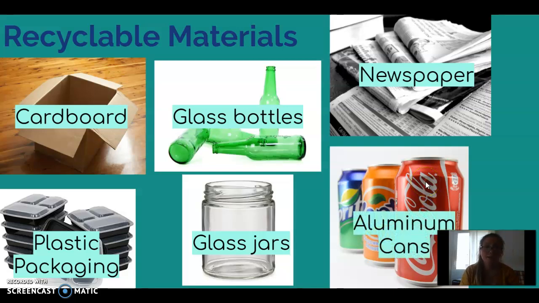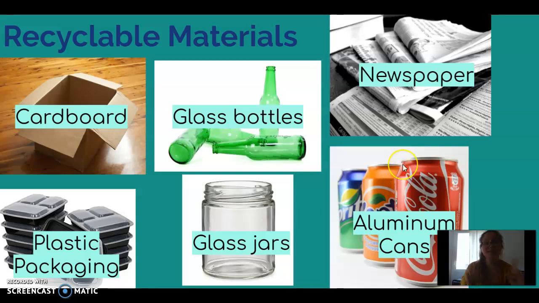Aluminum cans are also recyclable. As you can see, whenever you drink a soda or a can of water, you can rinse out that can and put it in a recycling container.